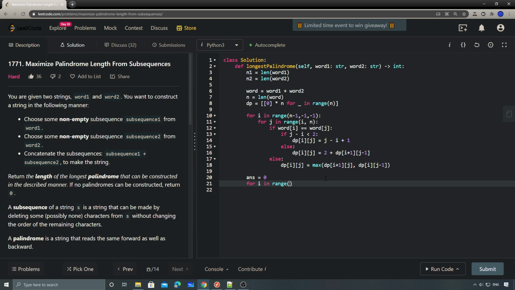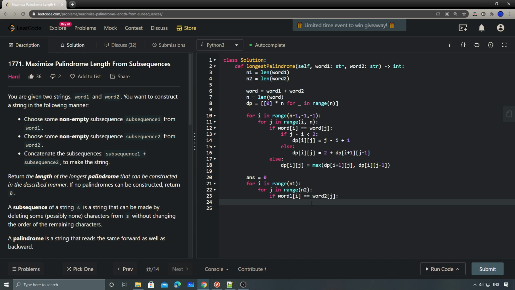So now we just need to, for I in range of n1, make sure that's the value for the first subsequence, and then for j in range of n2. So if word 1 I equals word 2 j, we only need to do this because if and only if the I and j are the same, then it's time for us to calculate the values of the substrings in between.